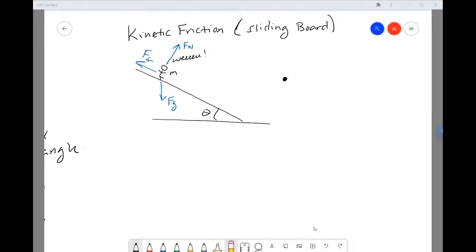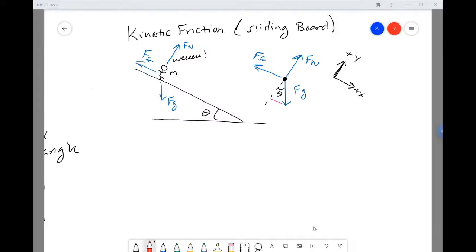So I have a dot which represents the kid, and then there's the normal force, there's gravity, there's the frictional force, and I'll have coordinate axes that look like this. Positive x goes down the incline, positive y is perpendicular to the incline, and just like the last problem, that means the angle that gravity makes with the y-axis is the angle of incline.